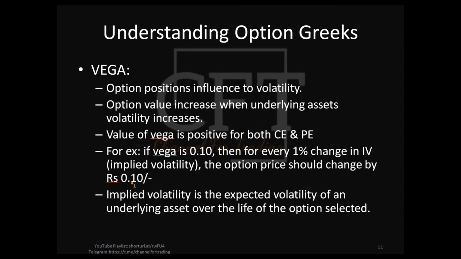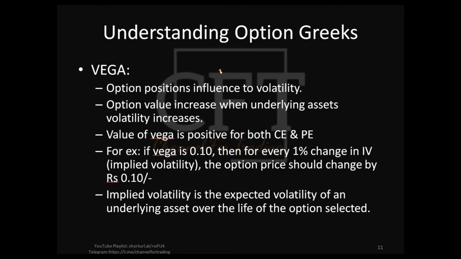In the theta case, we have positive and negative, but for Vega it is always positive, whether we are in call or put. For example, if Vega is 0.10, then for every 1% change in IV, which is the implied volatility, the option price should change by 0.10. That is the explanation of the Vega effect on options.